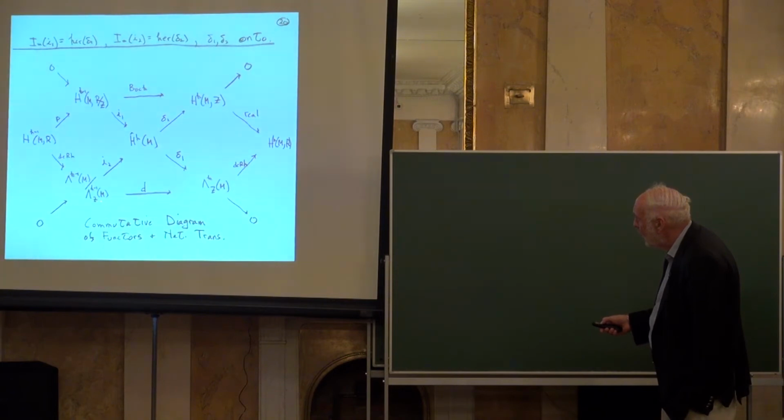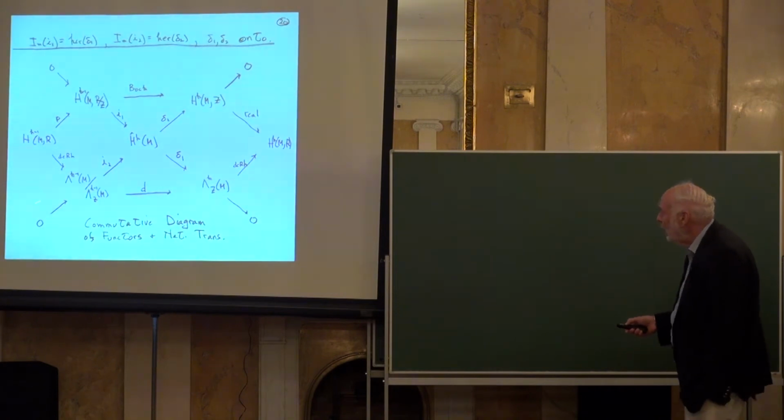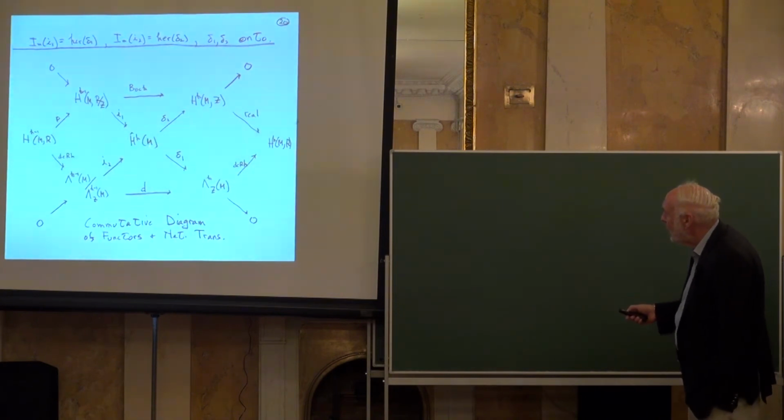These are closed forms with integral periods, but this lives here. And this, if you follow it through, is commutative. And finally, if you look at the definitions, you can see that the kernel of this map is exactly this. It's in the kernel by the definition, you follow it through, and it has to be the kernel.